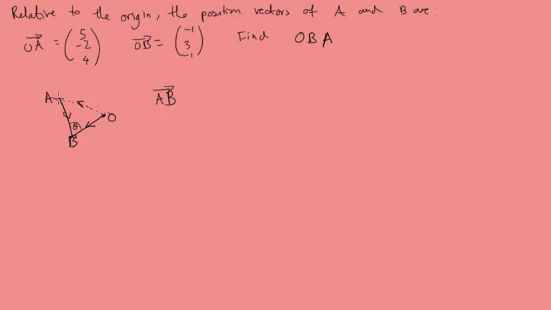So vector A to B is going to be A to O plus O to B. So vector A to O is going to be negative OA.